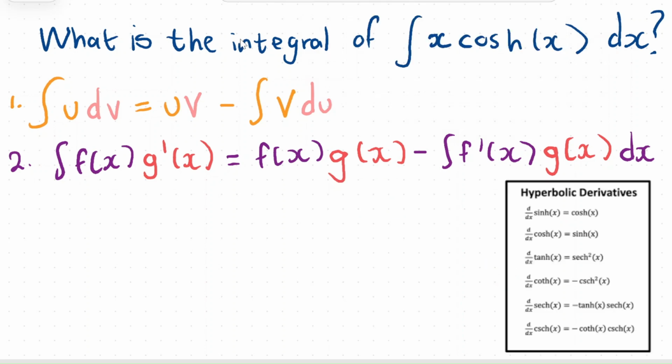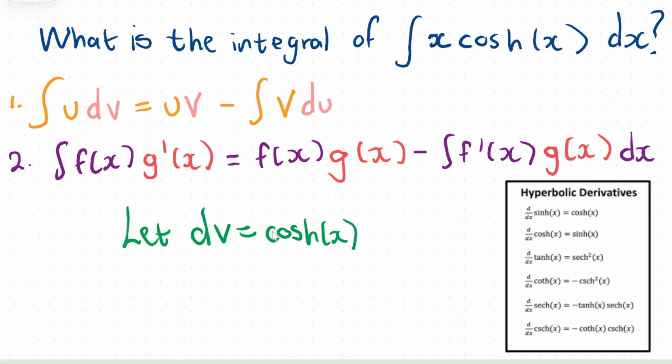Now the first thing that we need to do is define our variables. Let's just take note of the fact that we're going to be using integration by parts, basically using u, v, dv, and du values. So I'm just going to define my variables to say let dv equal cosh of x.